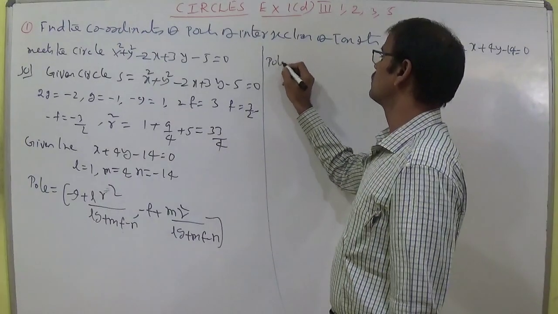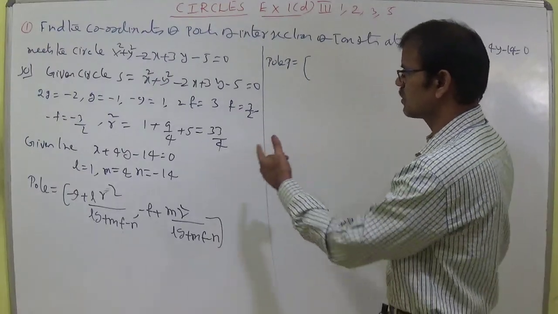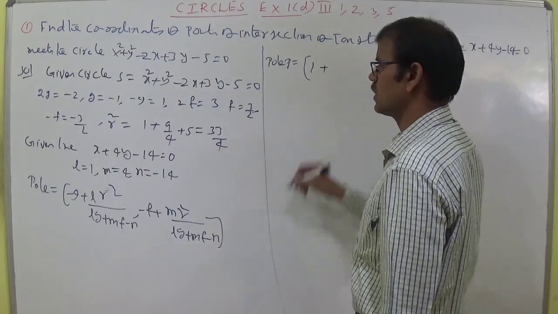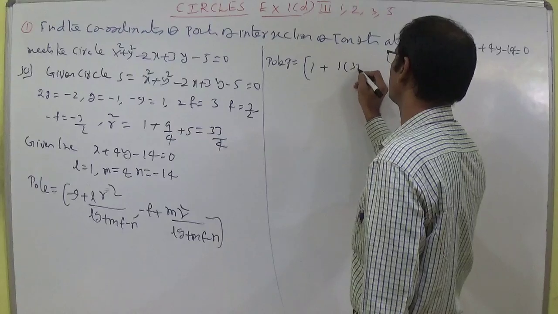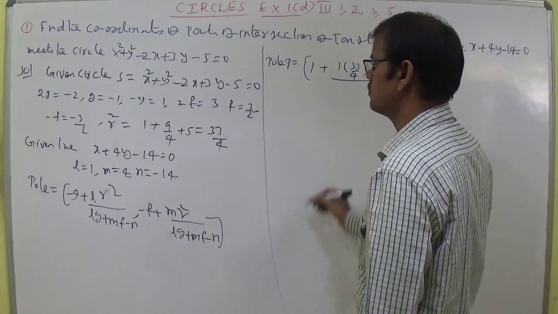Pole P is equal to the value minus g is 1, plus L r square, L means 1, into r square means 33 by 4, whole by Lg.